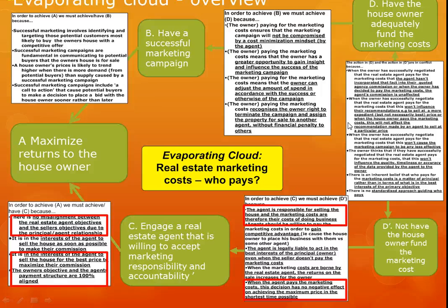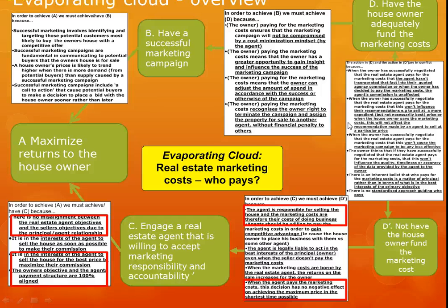The marketing costs are a classic example of that: if the agent pays for that, the seller's profit increases, whereas if the agent doesn't pay for that and the seller pays for it, then his profit decreases. So here's an example of misalignment.